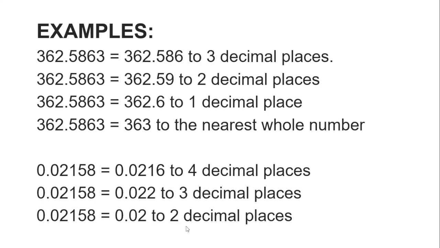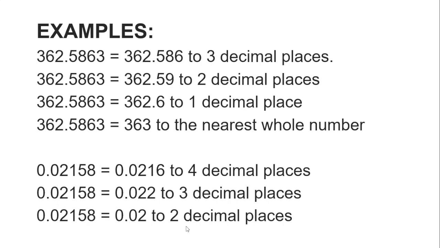When rounded to the fourth decimal place, it's gonna be 0.0216, because 8 is greater than 5. And for the third decimal place, it's also gonna add 1 to it, because the 5 there is more than 5.